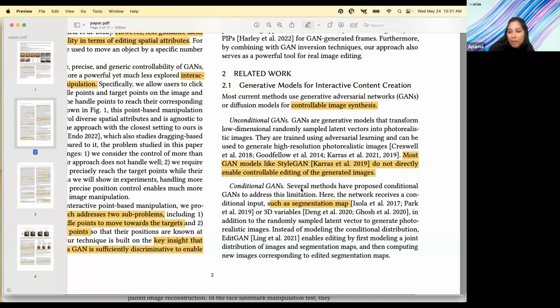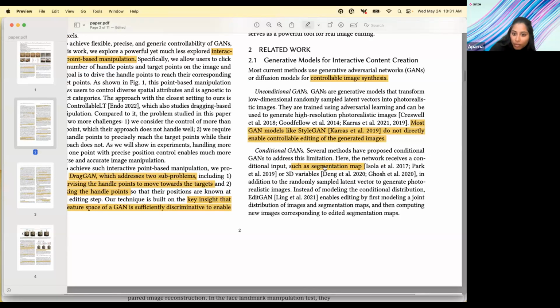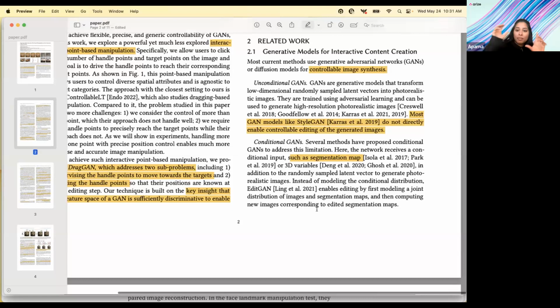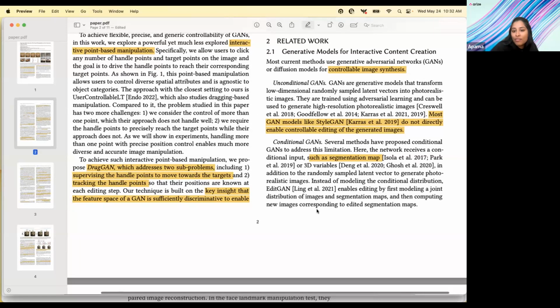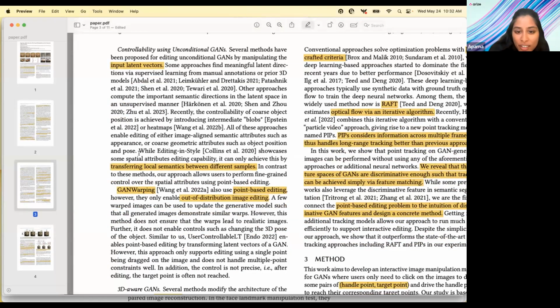Then there are conditional GANs, where the user provides some kind of segmentation map and asks it to generate photorealistic images. And there's another one they were talking about here, where you can take semantics from one sample. It's almost like style transfer, where you're taking semantics from one image and applying them to another image, and then the result is the new image that's created.